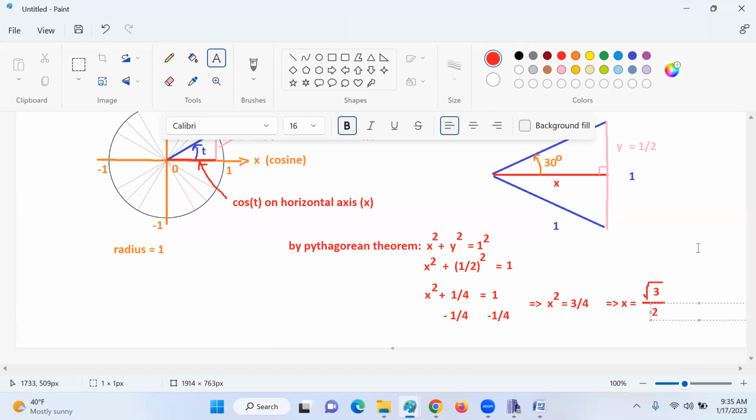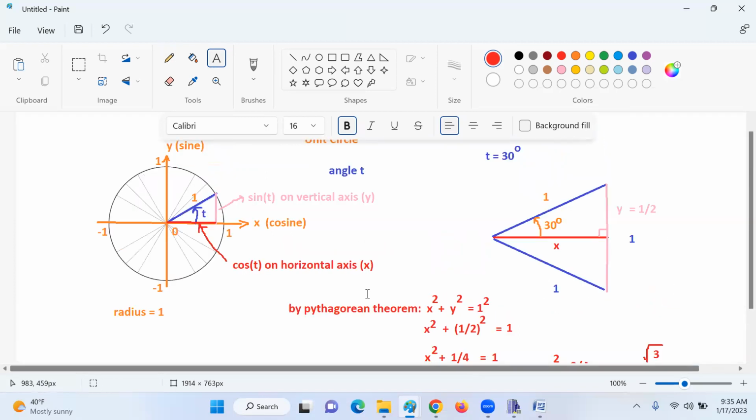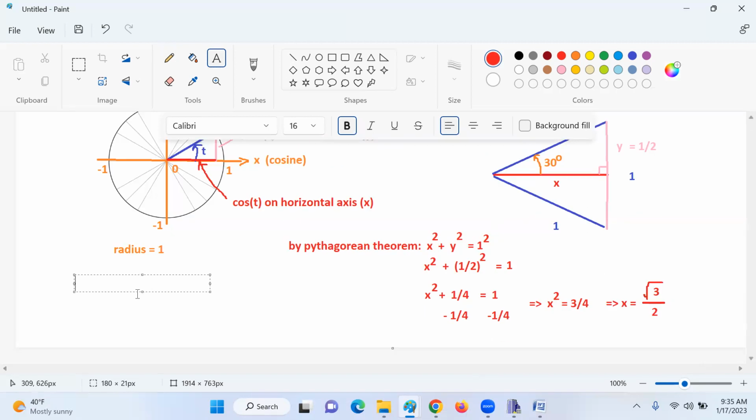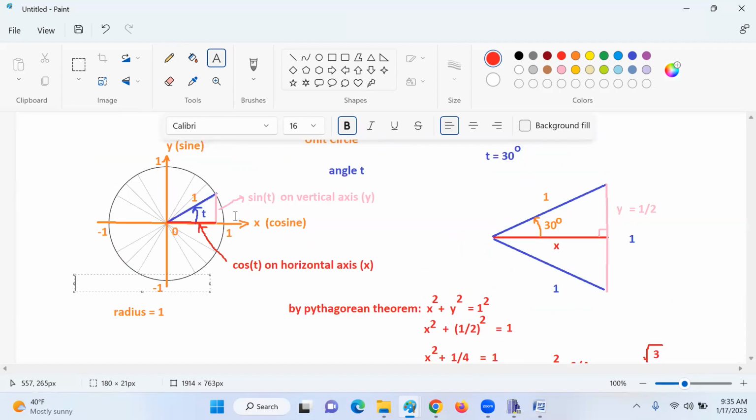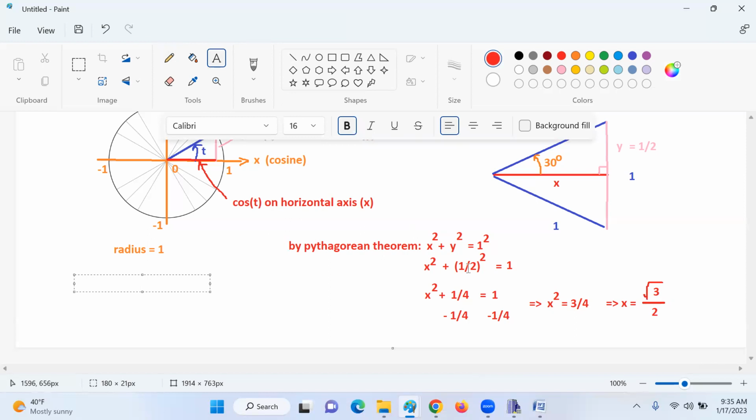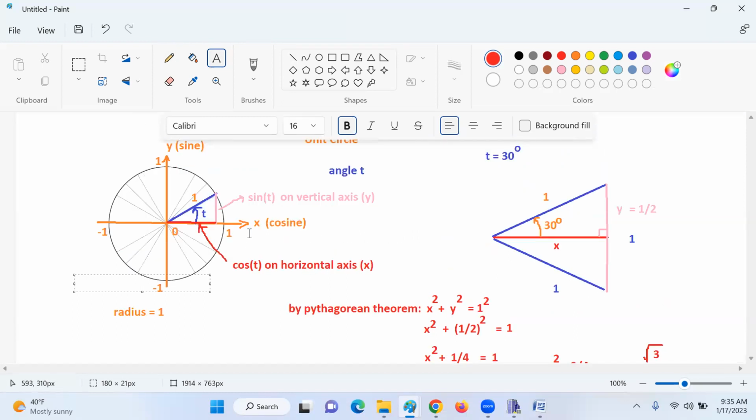So technically, what does that mean? When t equal to 30, the cosine, which is x, will be radical 3 over 2, and the y is equal to 1/2.